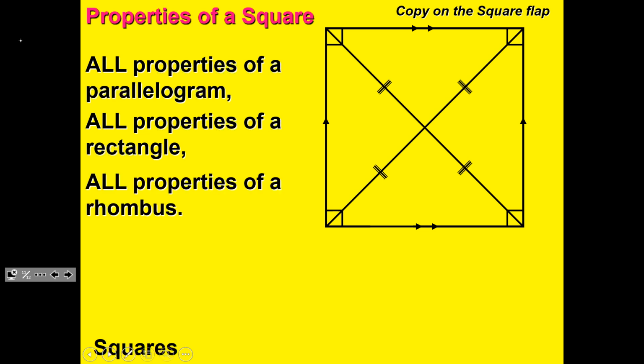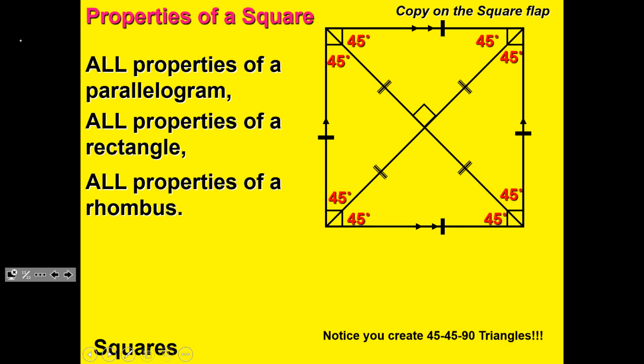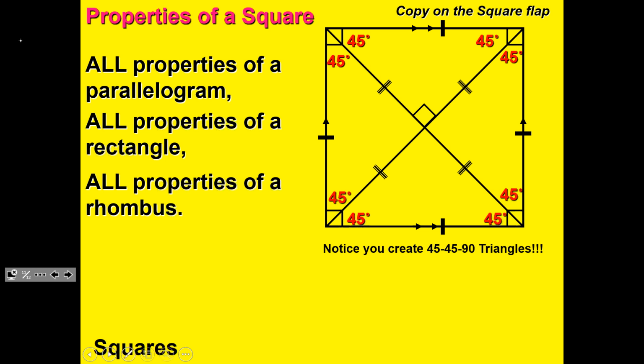It also has all the properties of a rhombus, which means all the sides are congruent and the diagonals should form right angles or be perpendicular. So these are all going to be 45, 45, 90 triangles.